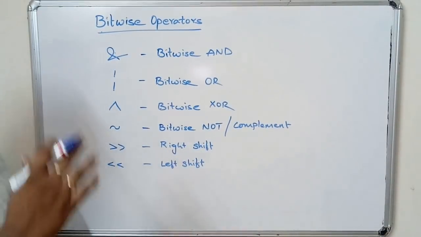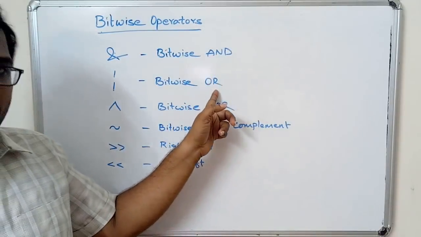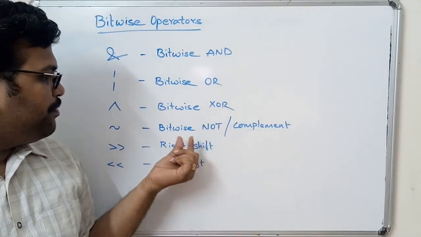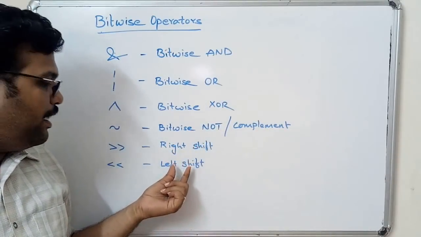So all these are various bitwise operators: bitwise AND, bitwise OR, bitwise XOR, bitwise NOT or complement, right shift and left shift.